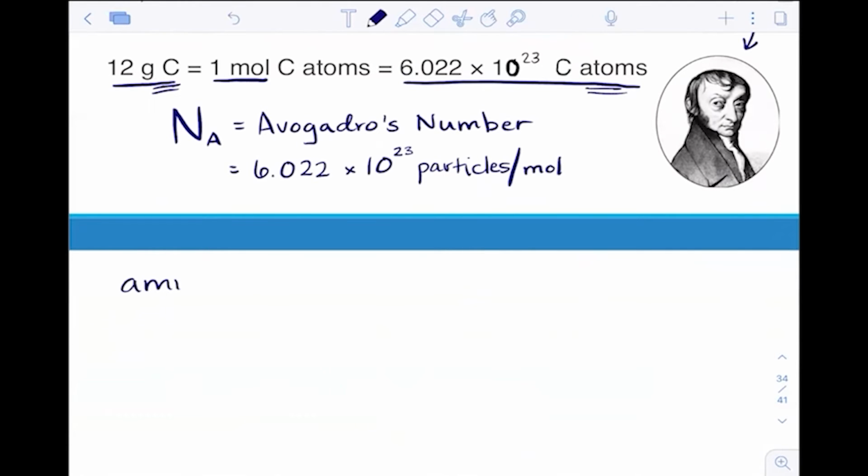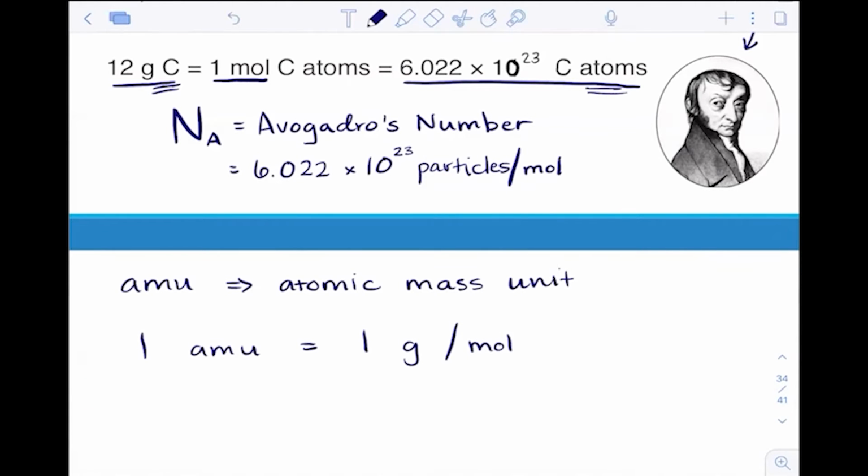The AMU, the atomic mass unit, can now be defined as a ratio. 1 AMU will be equal to 1 gram per mole. That is highly useful for us because now we can use all of those AMUs on the periodic table, the average atomic masses, and say, okay, we just calculated chlorine's atomic mass.